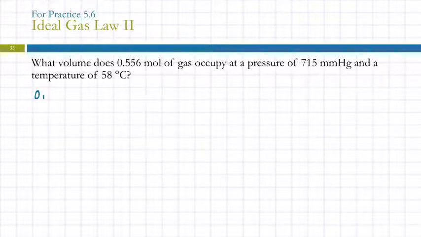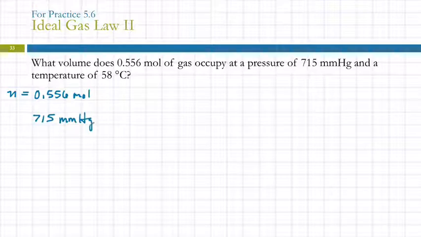So I've got 0.556 moles. Well, we use lowercase n as the symbol for amount of gas in moles. So that's n. I've got pressure of 715 millimeters of mercury.